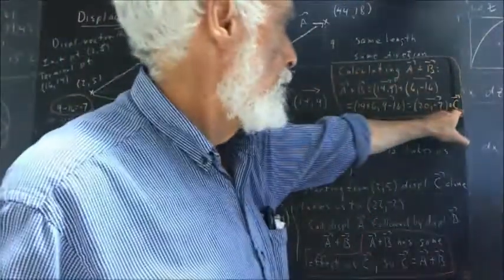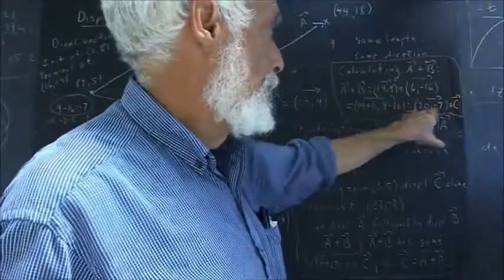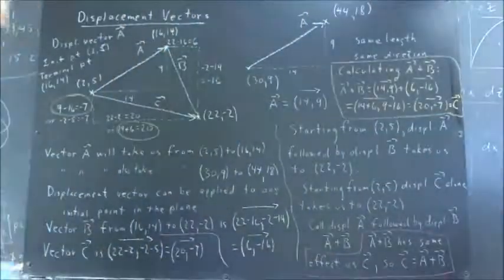And I've indicated that over here by saying that this A plus B gives us this vector, and that's equal then to the C vector.